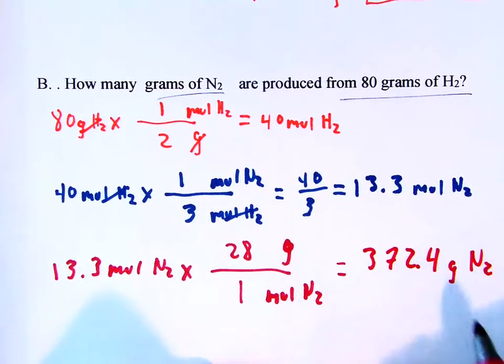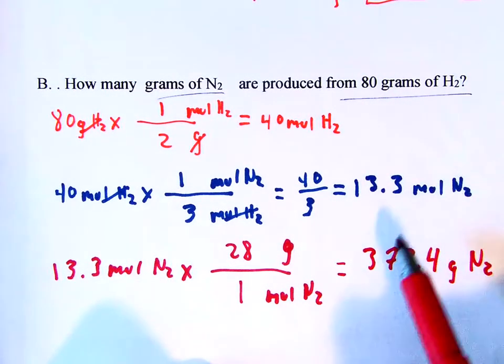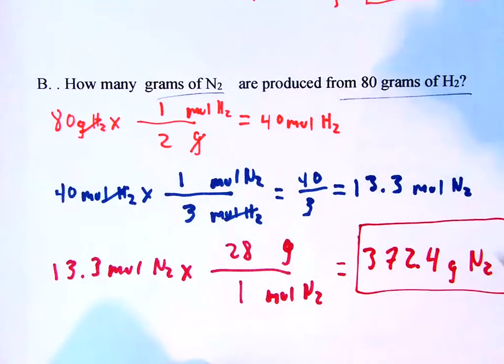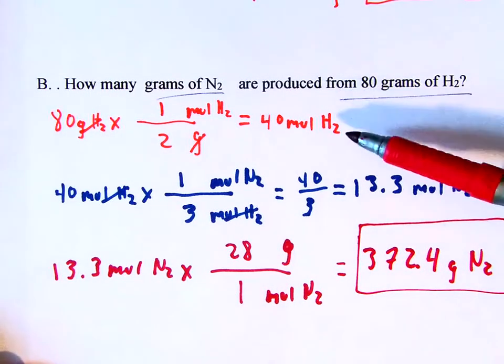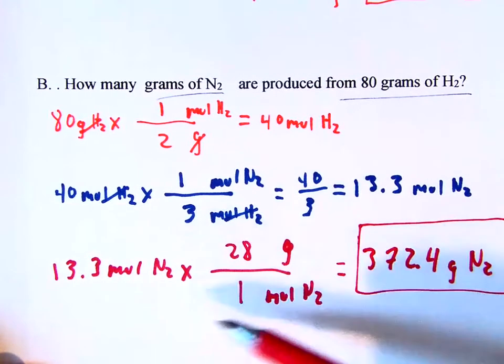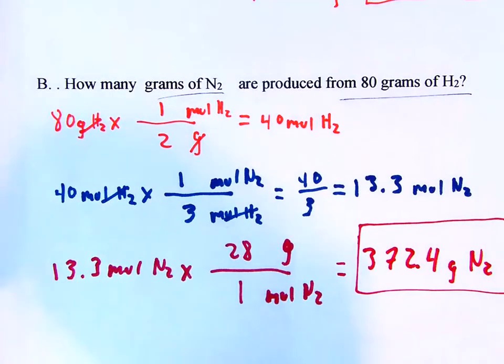In other words, if I have 80 grams of H2, I need this many grams of N2 in order for those reactants to react in the correct proportions. So it's just 3 steps: grams to moles, then moles to moles, and then moles to grams, which we've done.